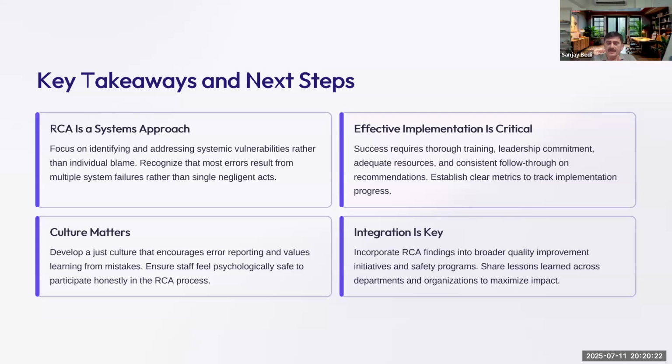And in the end, dealing with root cause analysis requires thorough training, leadership commitment, adequate resources and consistent follow-up to achieve it. The culture of the institution also matters, that encourages error reporting and values learning from mistakes. And of course, system integration is the key.